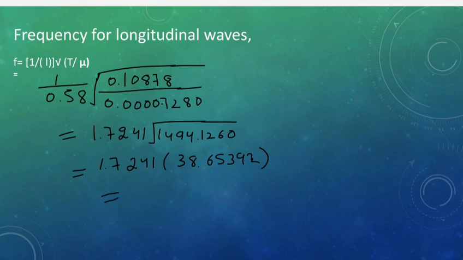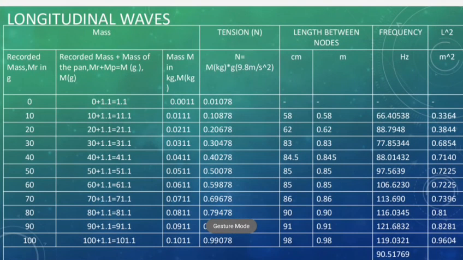Multiplying this, we will get 66.4053 hertz. We have recorded the value of the frequency here. Using the same formula, we will calculate all the remaining readings.